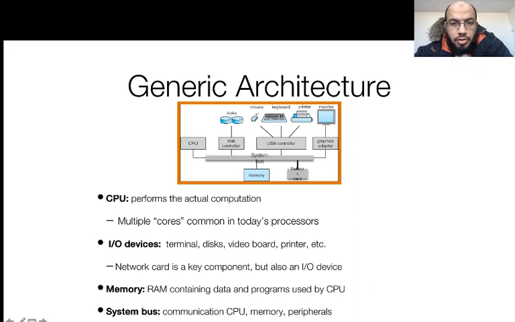These peripherals are connected to the CPU, memory, and network using the system bus. The disks have a disk controller that controls their usage, and the monitor has a graphics card that actually renders and shows the video or whatever you're displaying now.